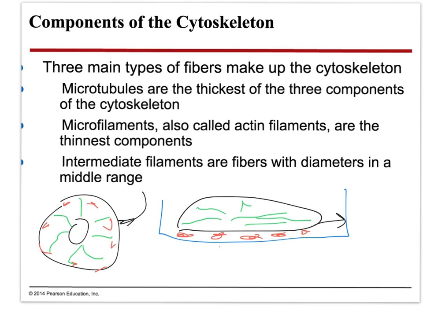They're kind of in between. And then you have your microfilaments, which are also called actin filaments, and they are the smallest. So in order of size, from smallest to biggest: microfilaments, intermediate filaments, and microtubules. That can be somewhat confusing because of the microtubule. Micro does not mean, in this case, the smallest.